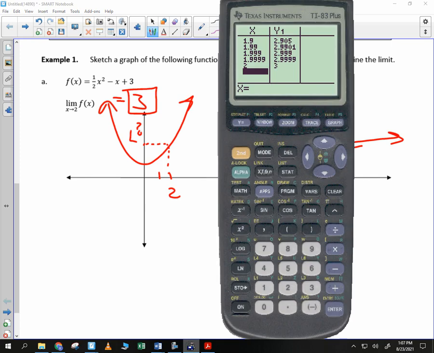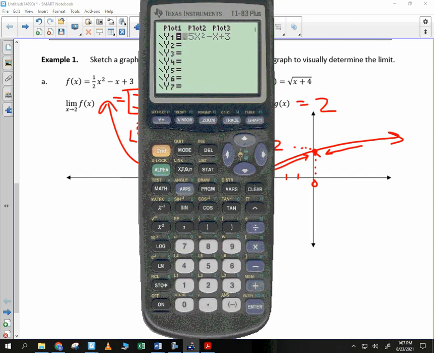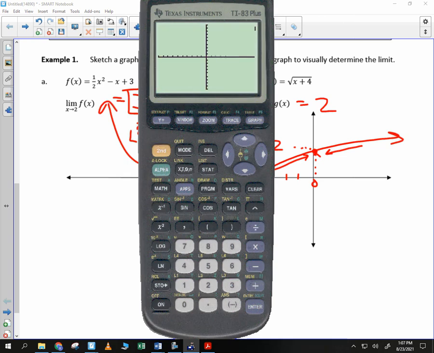If you weren't convinced, you could go into your calculator and type in, I like to grab my square root function right here, so second square root, x plus 4. And once I have that, as I go to the graph, you see we have this piece. As you go to the table, you can type in numbers that are close to 0.